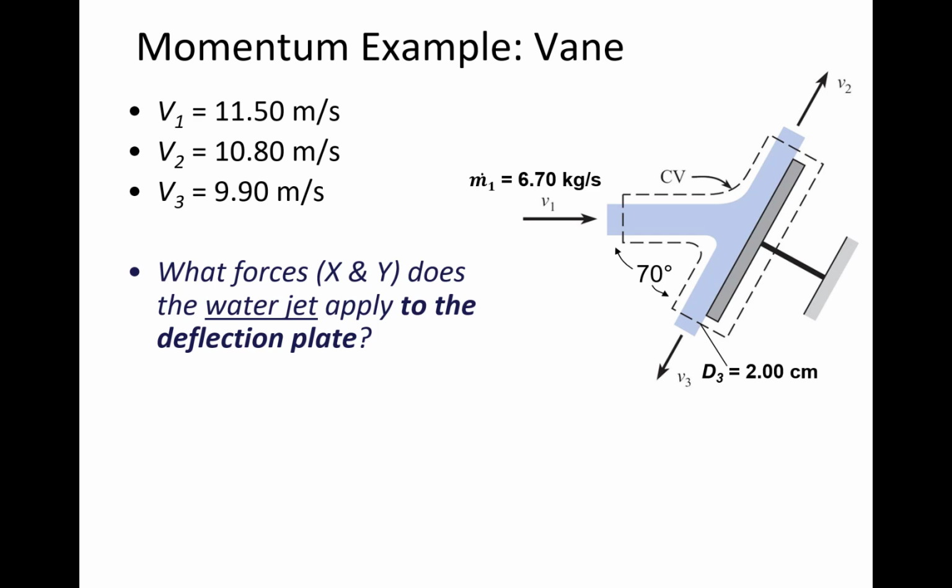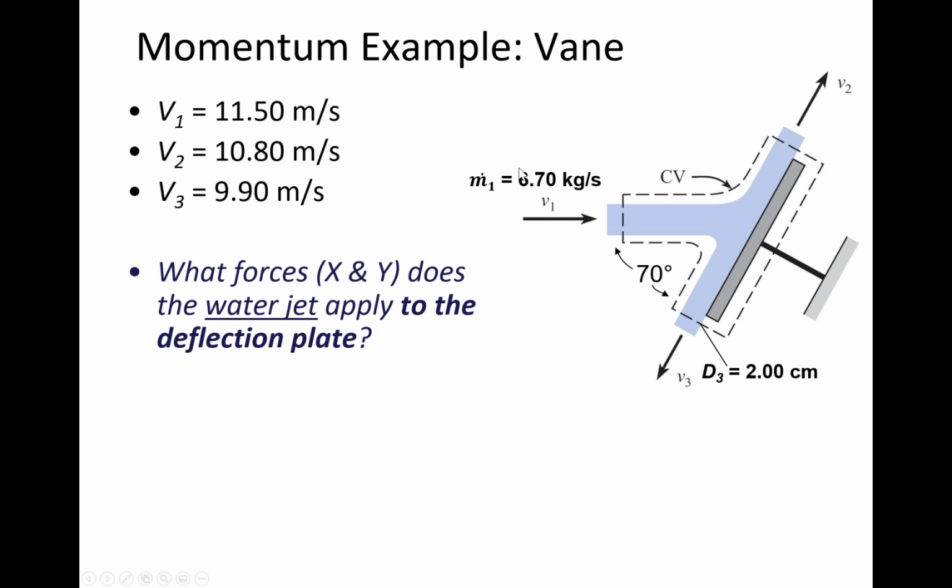Here, what we're assuming is that interacting with this vane has slowed down the magnitude of the velocity, because what you'll notice is that V2 and V3 are less than that velocity that was coming in. So it's slowed down a bit.